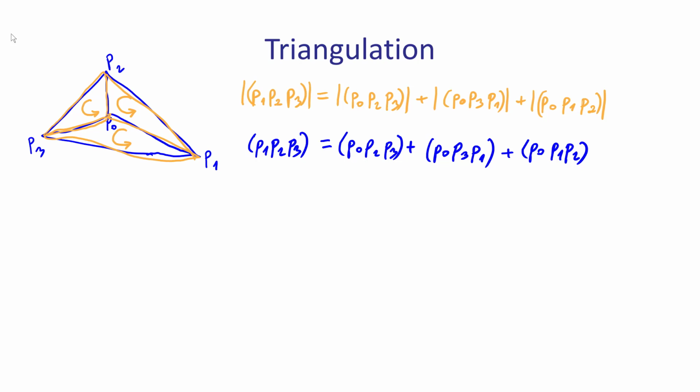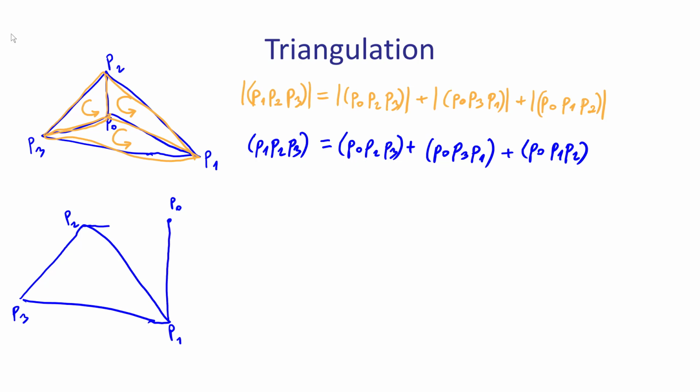Let's see what we have if P0 is outside of the triangle. Let's say we have the same triangle, something like that, and then the point P0 is somewhere here. Now let's connect all of the points. This will be still P3, P1, P2, and now I'm connecting all of those points to P0.